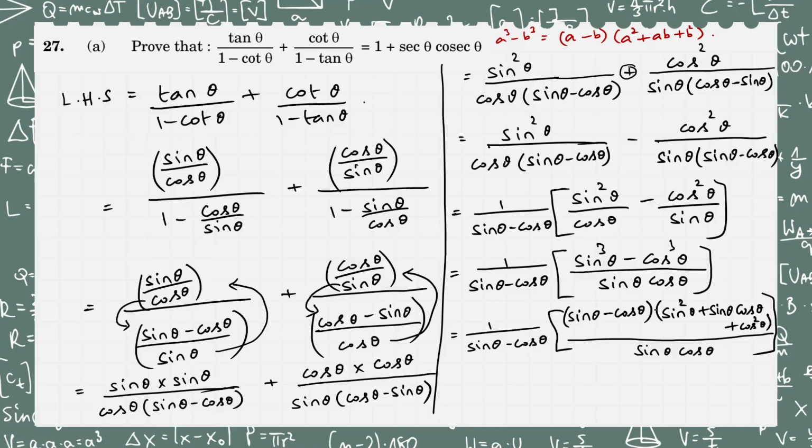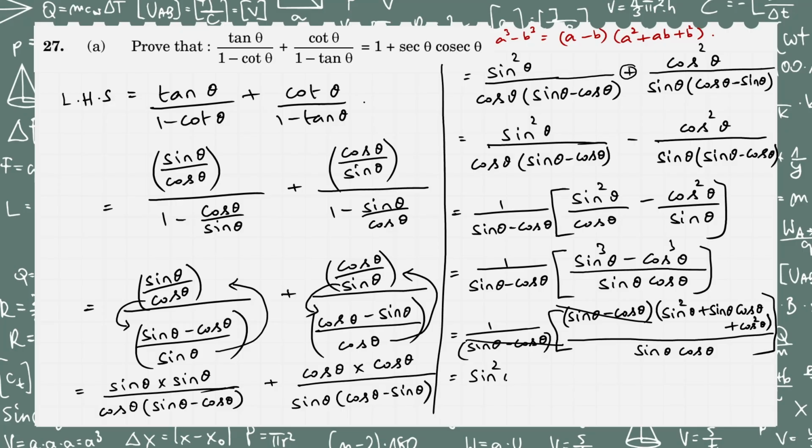Since there is a product of terms in the numerator, we can cut this sin theta minus cos theta term which is there in the numerator and here which we have taken common outside. Both of these will get cancelled, right? So this and this will cancel each other. So we get sin square plus sin theta cos theta plus cos square by sin theta cos theta as the answer.